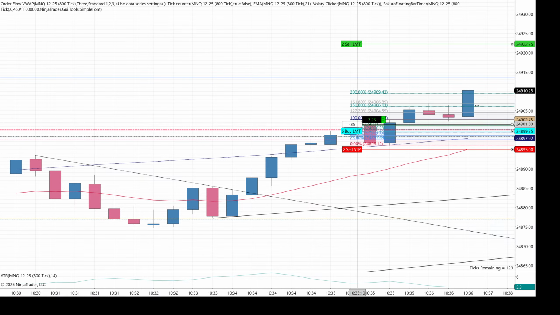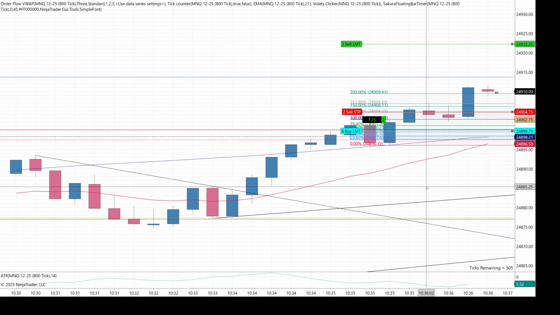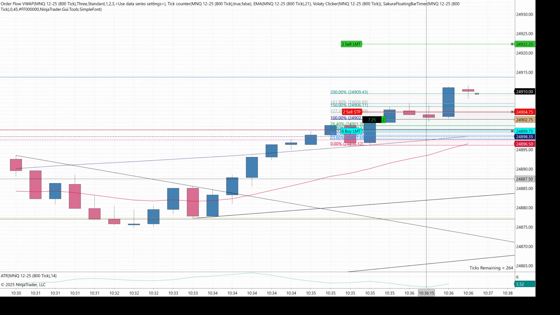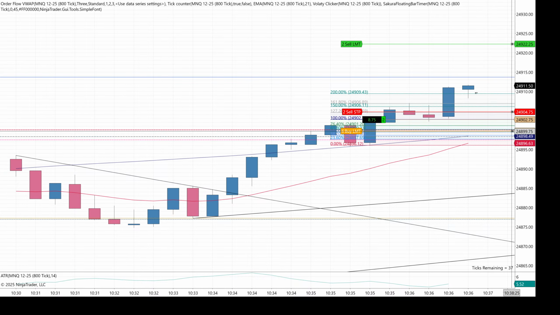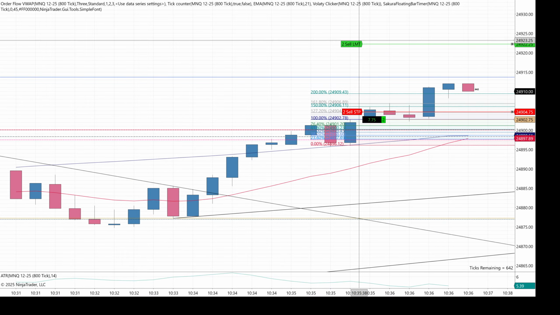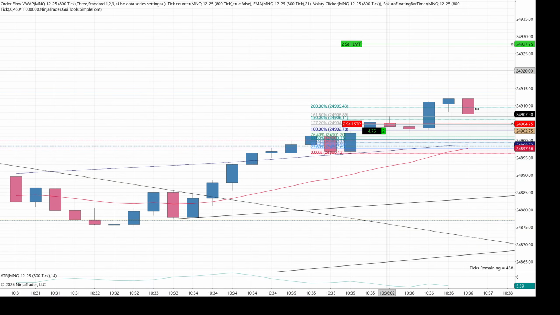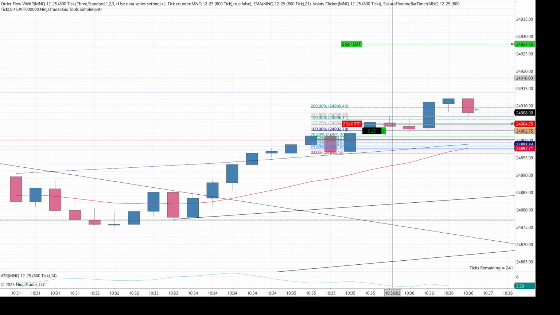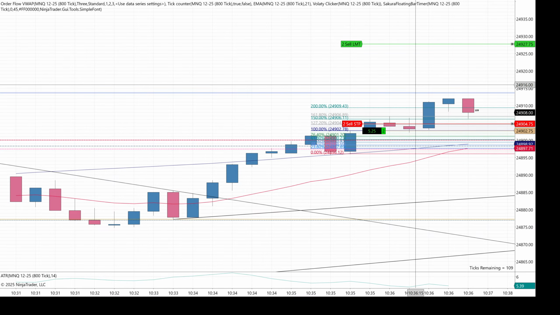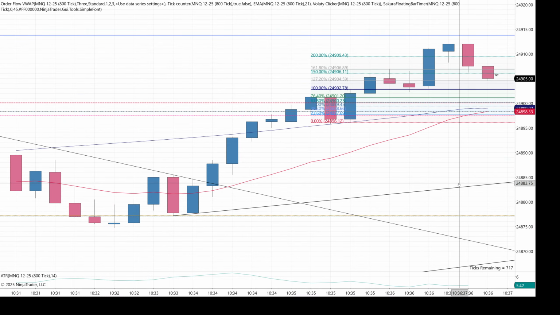Okay, there it is. There's our first target. Have a runner now. I haven't had a really decent runner all day today. I'm hoping we can get one here. Doesn't look like it.